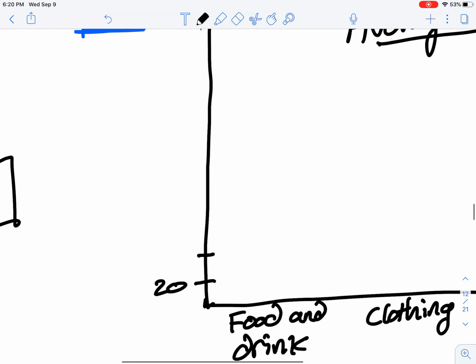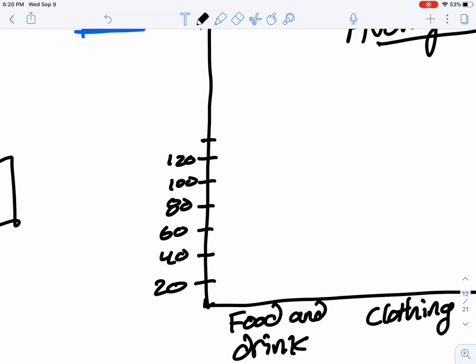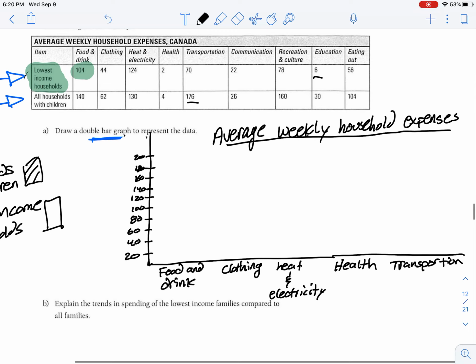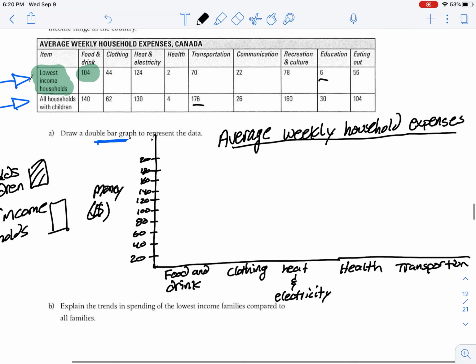So again, 20, 40, 60, 80, 100, 120, 140, 160, 180, 200. So a little bit better there. Okay. Now this will be money here, and this is measured in dollars, of course.